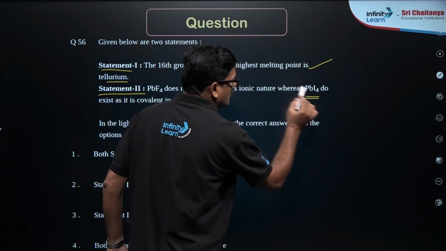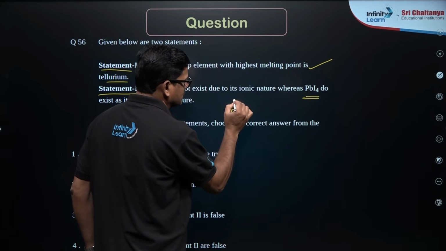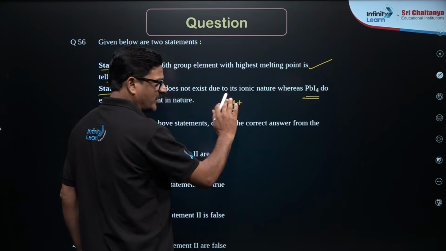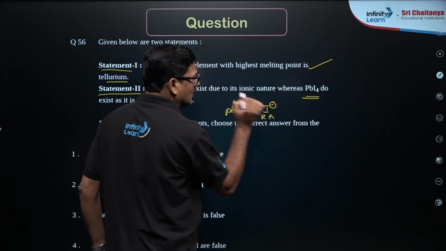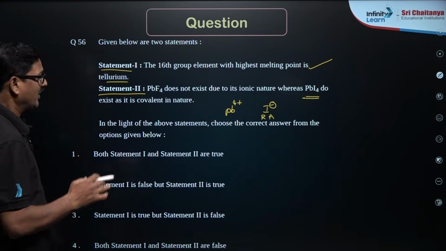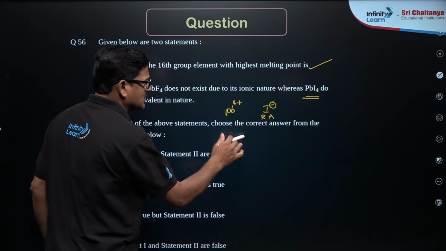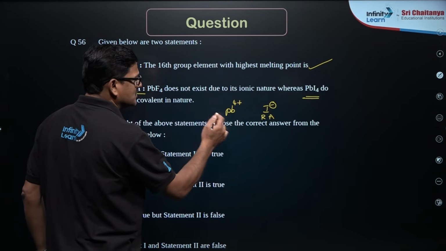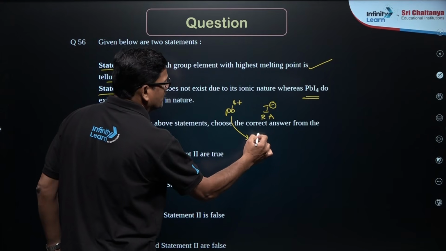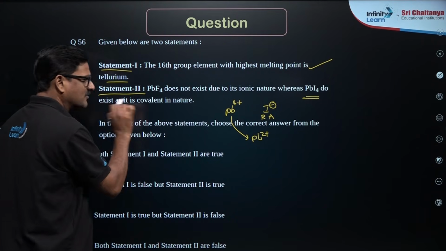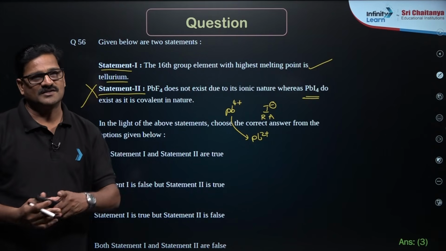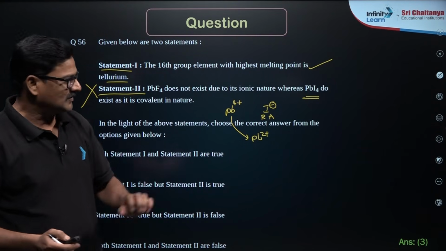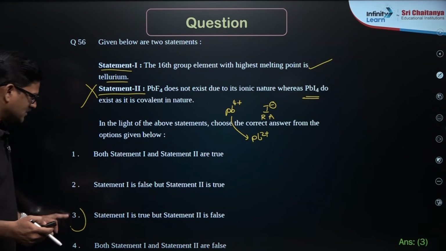PbI4 does not exist. Why? Because Pb4+ is unstable due to the inert pair effect and I- is a good reducing agent. In the presence of a reducing agent it easily converts into Pb2+. Statement 1 is true. Statement 2 is wrong. So the answer for this question is option 3.